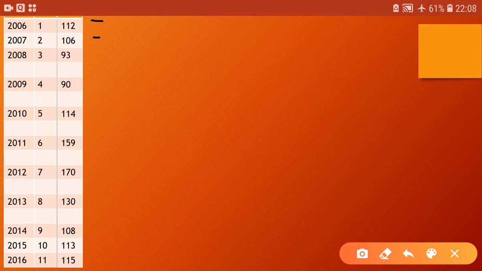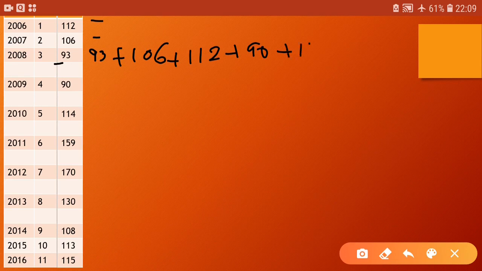After that you have to take 93 plus 106 plus 112. So what I am doing, I am taking the year itself, 93, 2 up 106, 112, and 2 down, 90 plus 114.